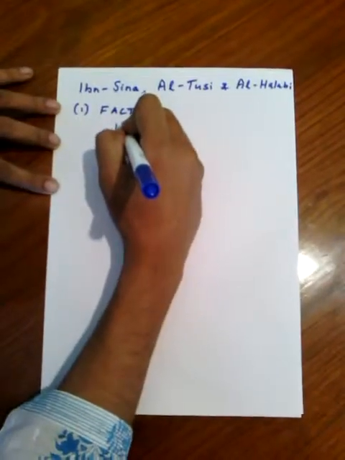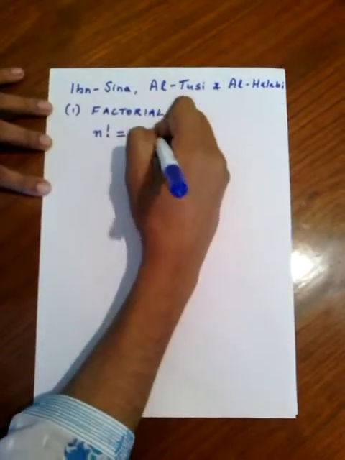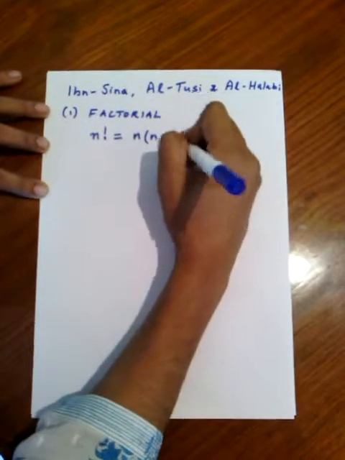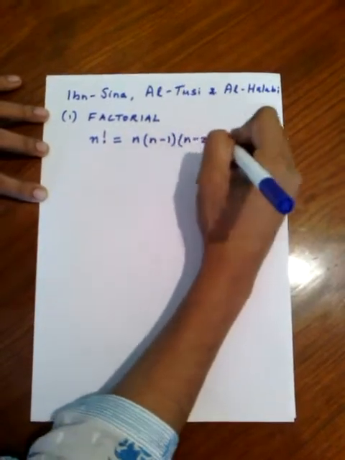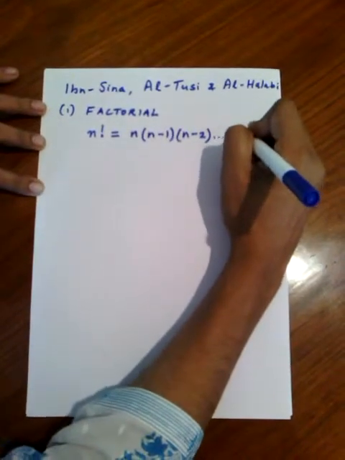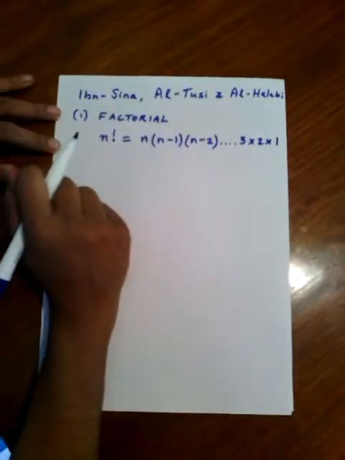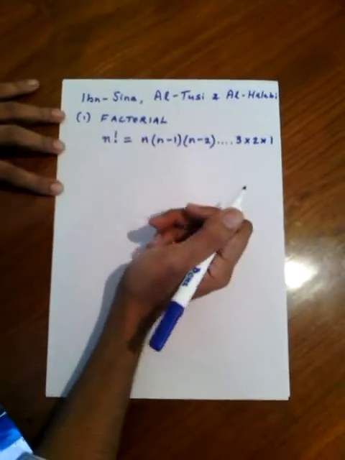It's defined as the following: n itself times n minus 1 times n minus 2, all the way down to 3 times 2 times 1. And that's just the definition of n factorial.